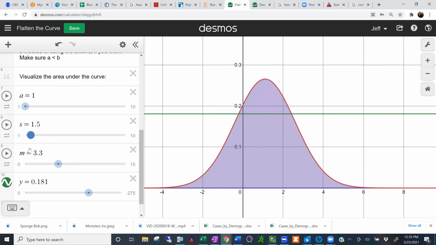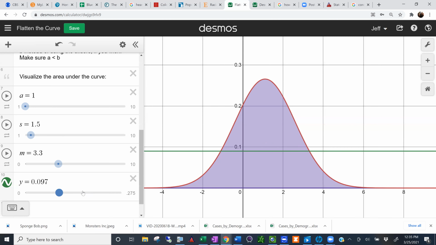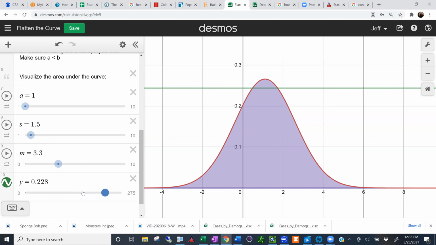And so this gives rise to a term that maybe you've heard in the media with regard to the coronavirus, and that is flatten the curve. The idea is that at some point, a hospital is going to reach its capacity to deal with patients. So we can adjust this little y equals line to be anything you want.